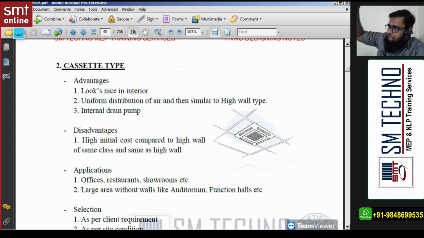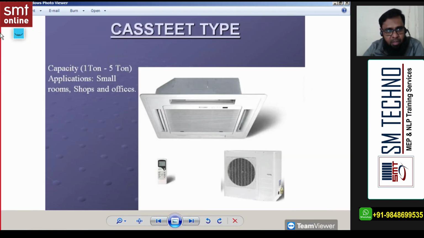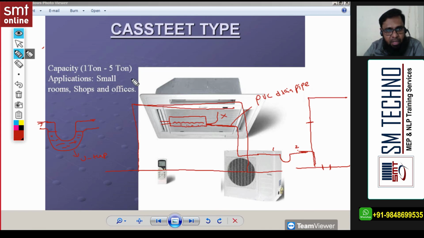So above the false ceiling, we can run the fresh air duct and connect to the suction side. I can run the fresh air and a branch I can connect to the suction side. So we can add the fresh air also.